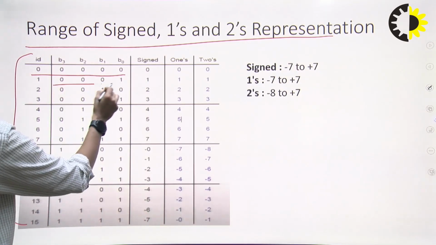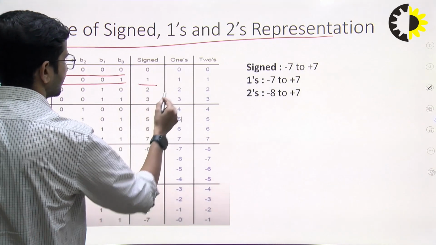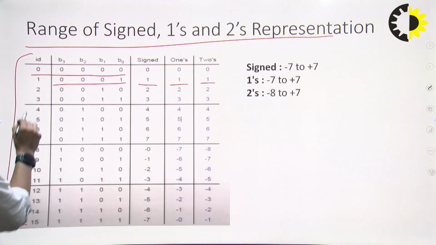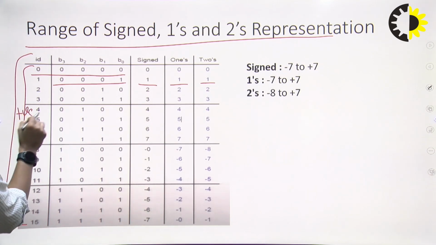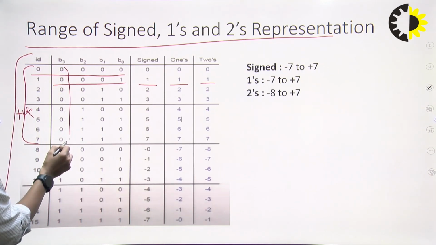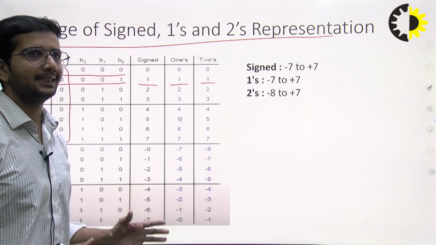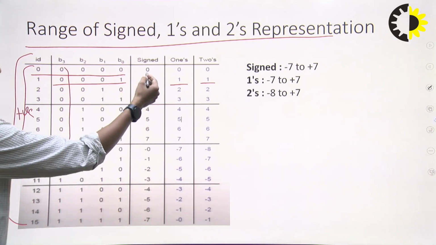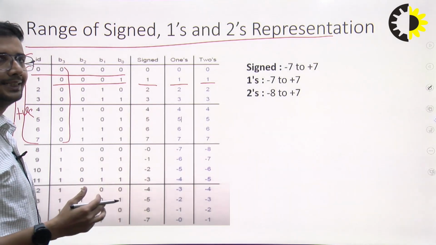For 0001, sign magnitude is 1, 1's complement is 1, 2's complement is 1. That means from 0 to 7 these are positive, because here the MSB weight is 0. So for positive numbers, the MSB should be 0. From 0 to 7, the MSB is 0, so sign magnitude, 1's complement and 2's complement, all three are the same.